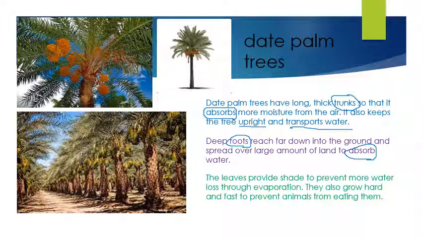And the leaves, not for photosynthesis this time, but they stop water from escaping out from the tree through evaporation, and they grow hard, and they stop animals from eating them.